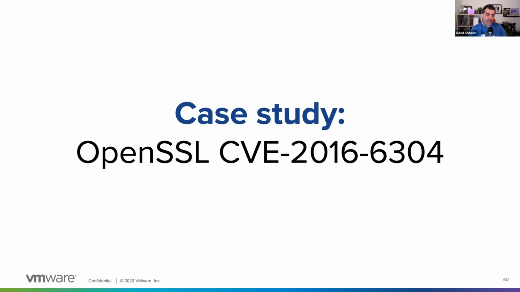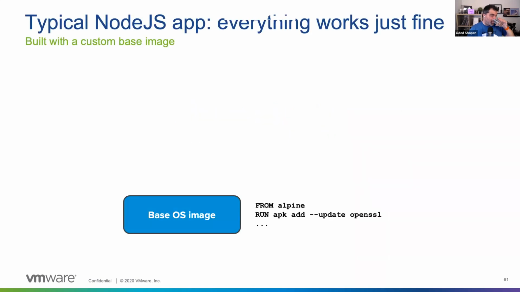Let's see how it works in a case study from 2016 with Heartbleed that you might have heard of, one of the most critical SSL vulnerabilities ever. And let's take this typical Node.js application. When I'm writing my Dockerfile on day one, everything works just fine. I choose some base operating system, let's say Alpine.